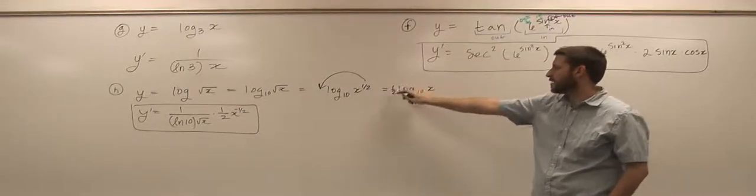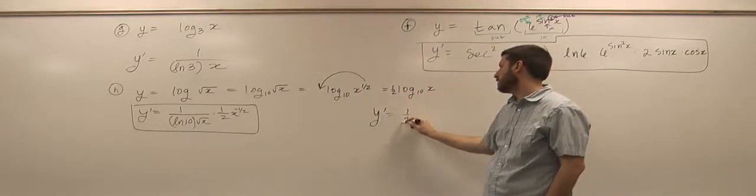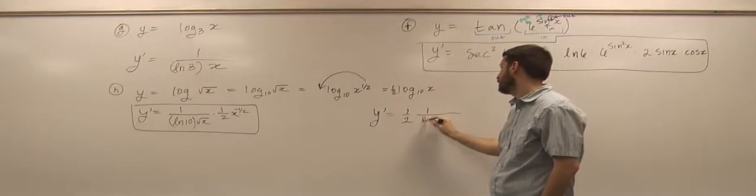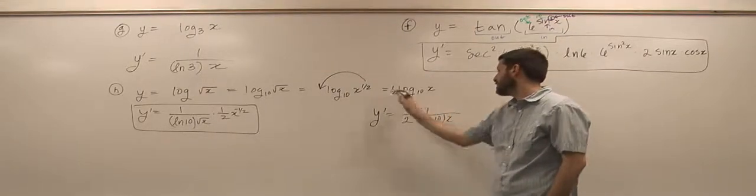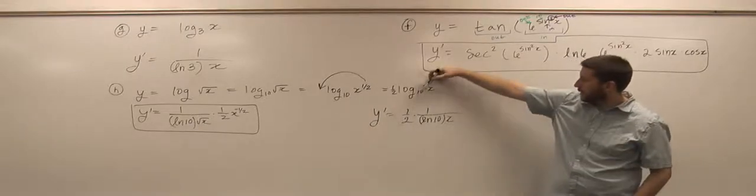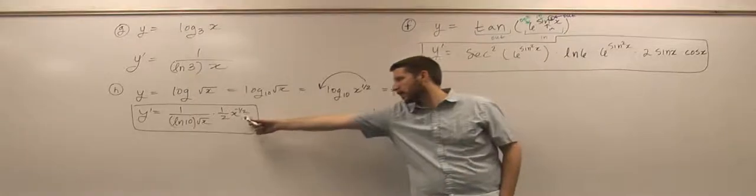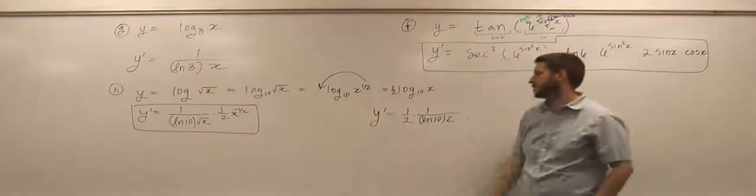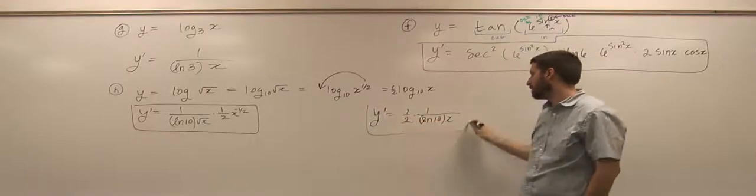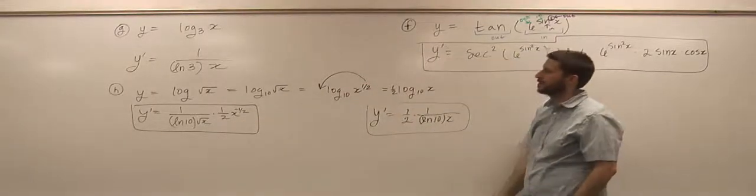Then this derivative is a little easier because it's a constant multiple. The 1/2 stays, ln 10 on the bottom, x on the bottom. If you did a little work, you could simplify this, because the x to the 1/2 will multiply with that root x and give you x.